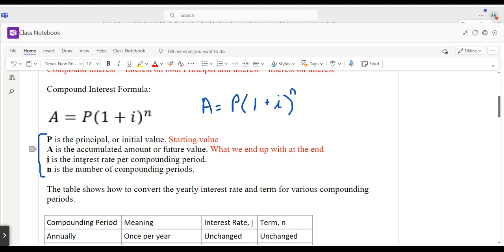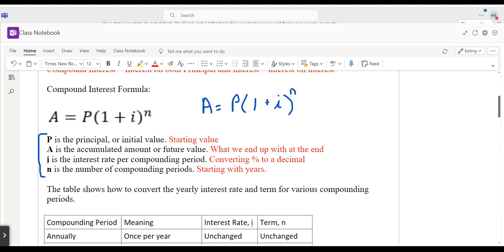We'll touch more on what this means, but part of it means converting percents to a decimal. n is the number of compounding periods. But again, primarily this starts off with years.